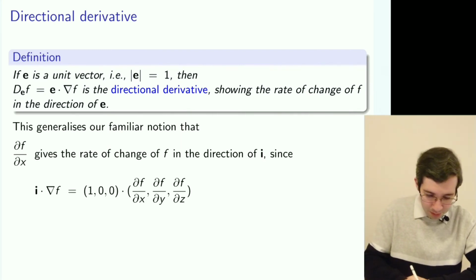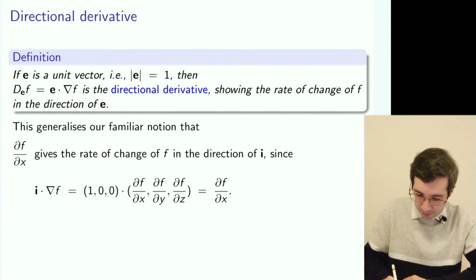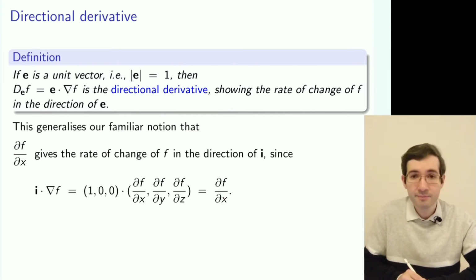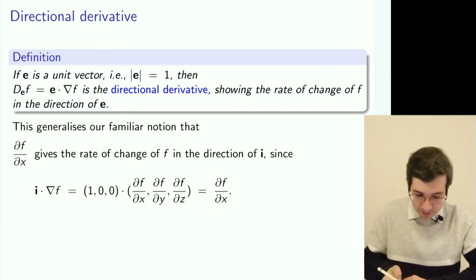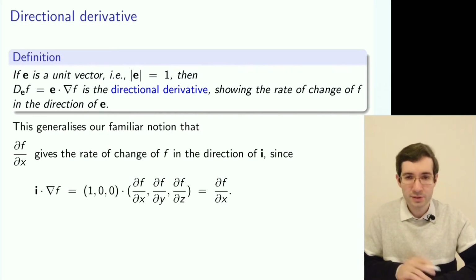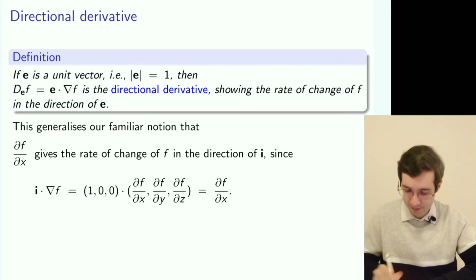Why is it the case? Because if we multiply that unit vector, which is 1, 0, 0, times the gradient, which is generally described that way, we'll end up only with the first component, all the rest are disappearing. So that is exactly the rate of change in the direction of x, and that's just the standard notation for the partial derivative df dx.